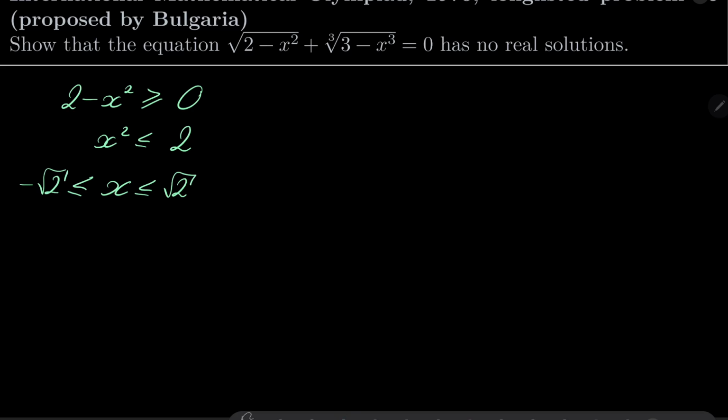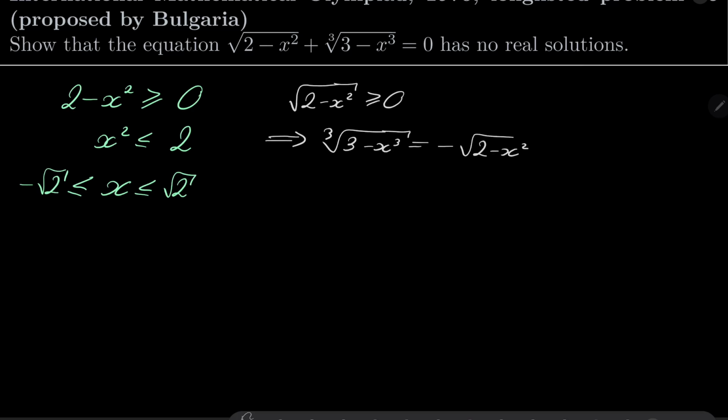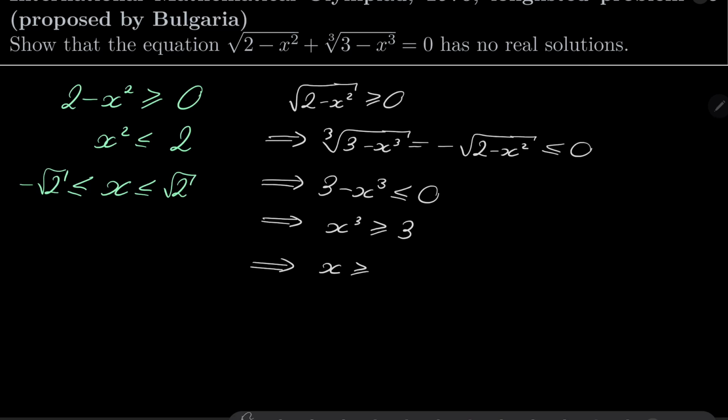But also, the square root is non-negative, so if this is the case, we can write the cube root expression as minus square root of 2 minus x squared, which is non-positive. Which means, after taking a cube on both sides, 3 minus x cubed must also be less than or equal to 0. So x cubed must be greater than or equal to 3. So x must be greater than or equal to the cube root of 3.